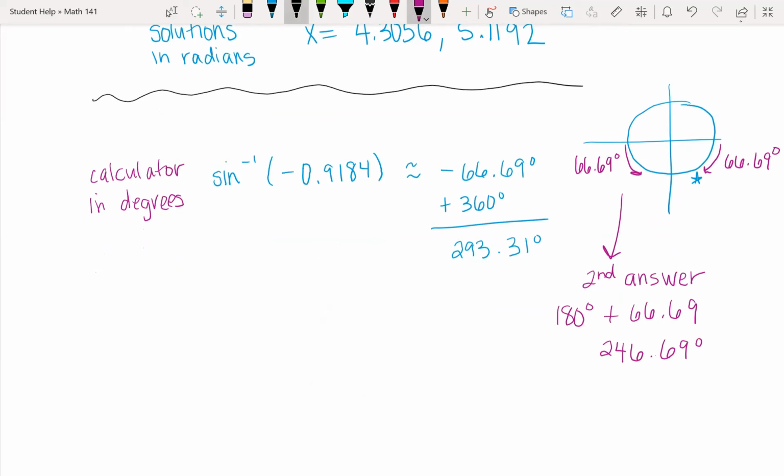So our solution in degrees is 246.69 or 293.31.